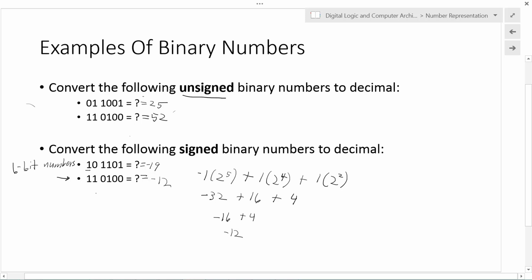Now notice that this number here is the same as this number here in binary representation. However, depending on whether we have an unsigned number or a signed number, the integer value changes because the most significant bit is 1.